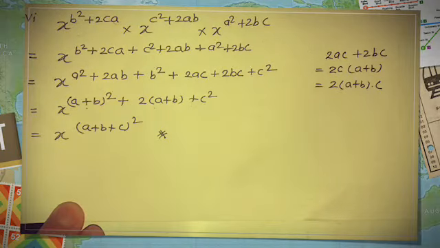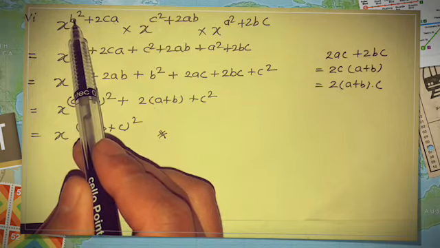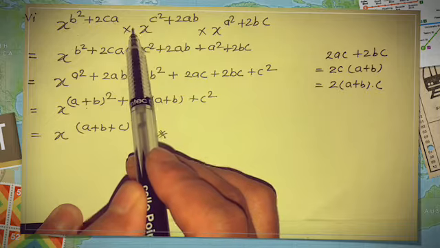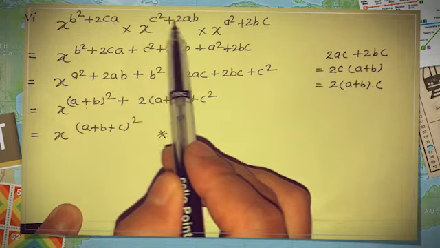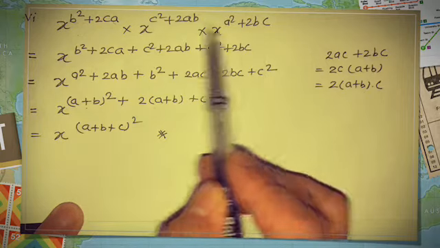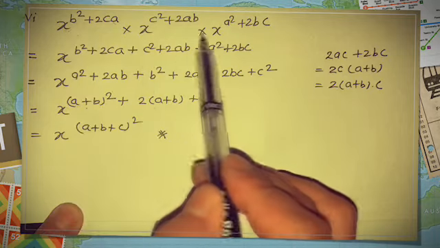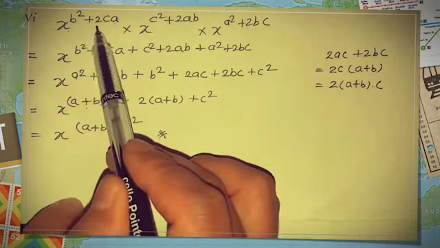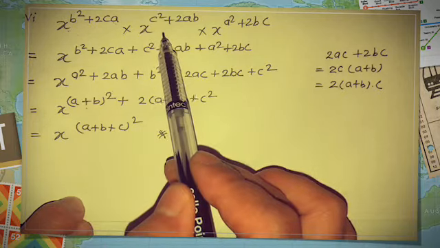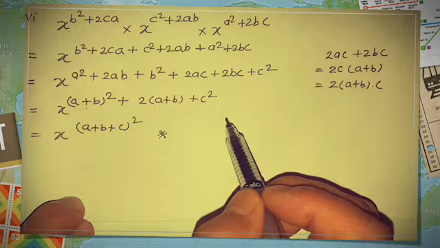Here let's see another question. x to the power b square plus 2ca, multiplied by x to the power c square plus 2ab, multiplied by x to the power a square plus 2bc. The bases are the same, and we know when the bases are the same, to multiply you have to use the law of multiplying indices.